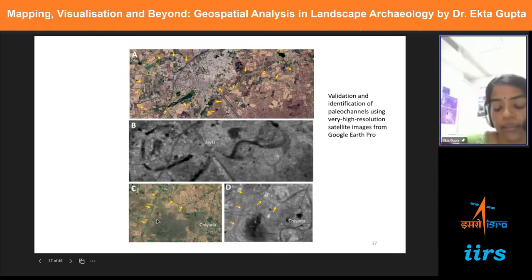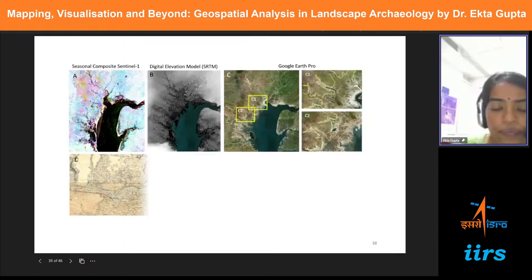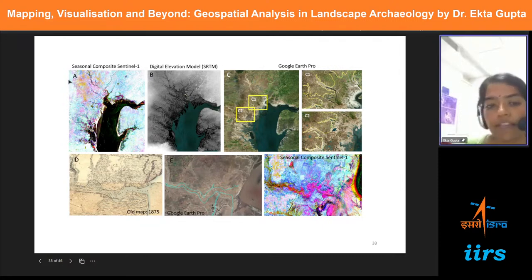Google Earth also provides us multiple temporal images, though right now I think they are not providing images before 2017. I mean, not that much earlier they used to provide. So yeah, and then after investigating the fluvial landscape around Lothal, we also explored coastal areas around Lothal.